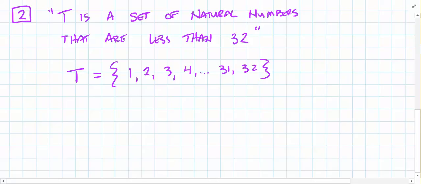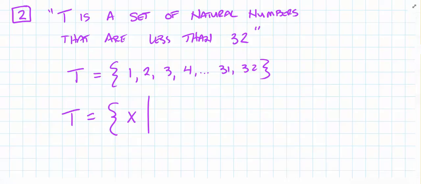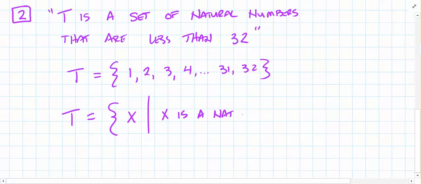We have a more sophisticated way of communicating using mathematics, and that's the inequality symbol. So we could say this. Another way that we could say this is T is equal to the set of any x that you want, provided, that line right there means provided that or such that, x is a natural number, and x is less than or equal to 32.